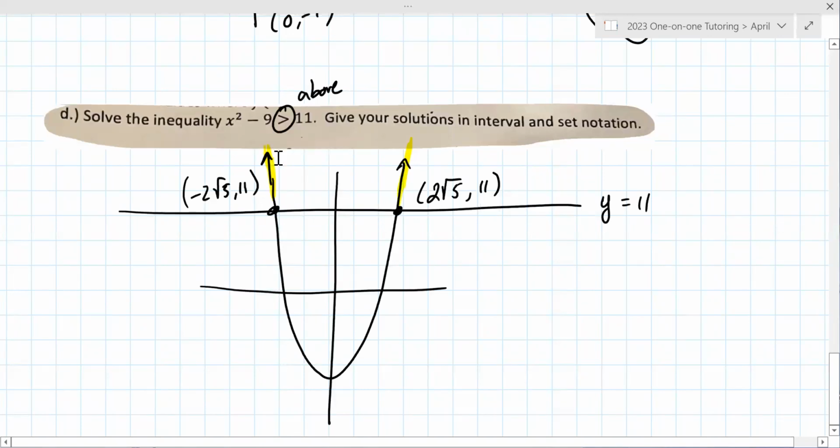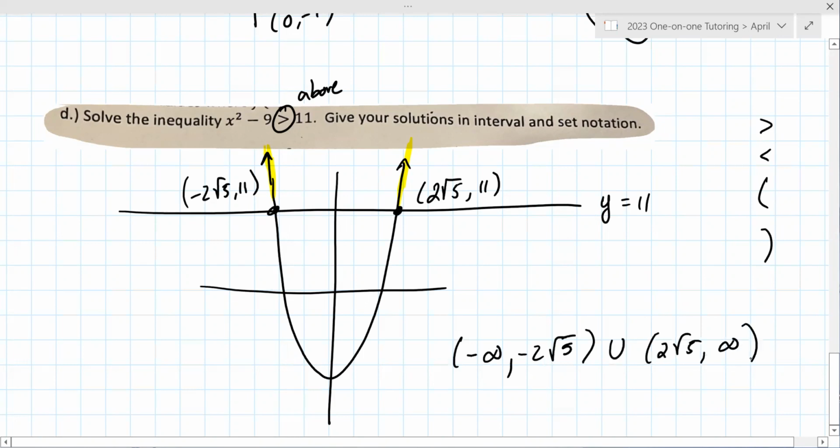So the way this works is, because it's a greater than or less than, that's always parentheses. This one's a little bit more unclear, but it's minus infinity to minus 2 square root of 5, union 2 square root of 5 to infinity.